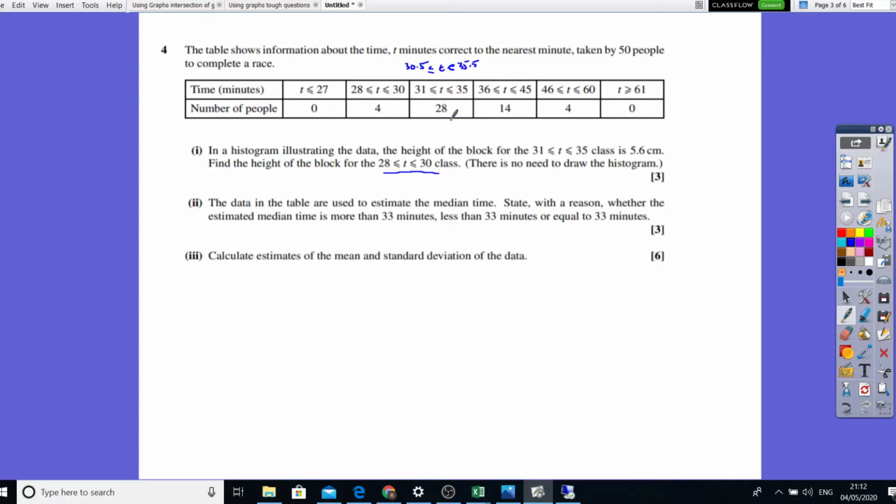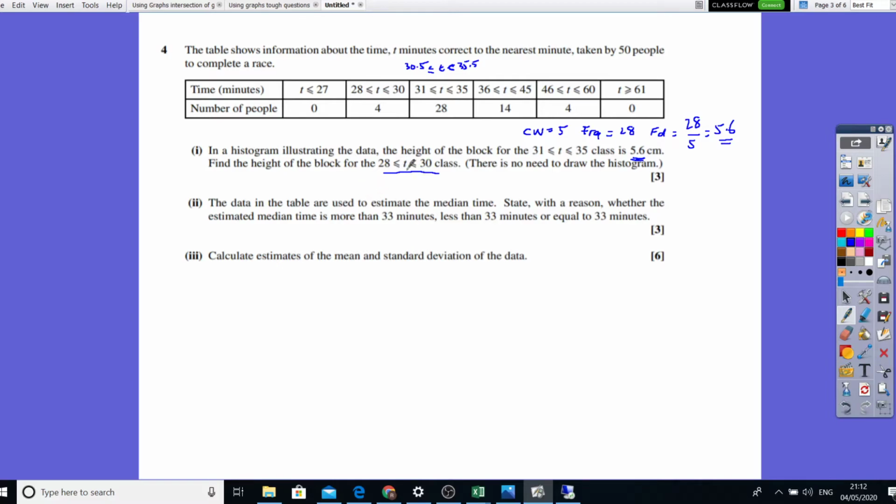The class width in this case, 35.5 take away 30.5, is 5. And the frequency is 28. So the frequency density is the frequency 28 divided by 5, which equals 5.6, which is, in this case, the height.